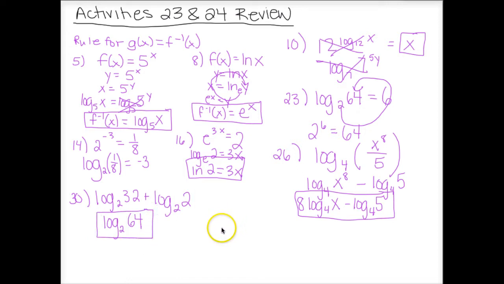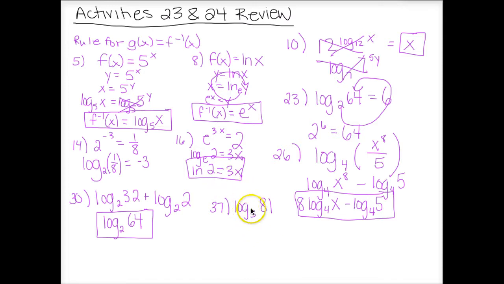All right, now the next one asks you to do some evaluating. So in 36 and 37, I'm going to look at 37, which was log base 3 of 81. Now remember, you are going to have to show a step of work on this. You can't just write the answer.